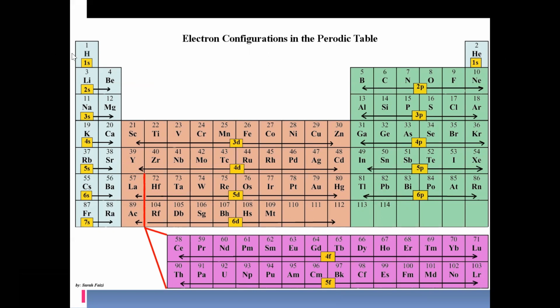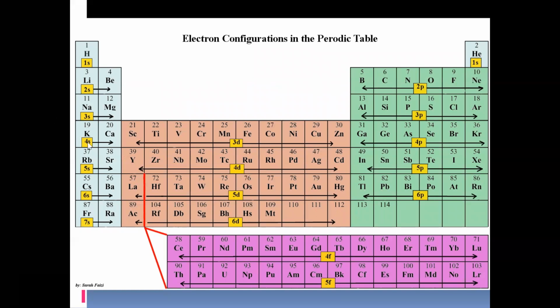So period 1, this first top row right here, only contains the S energy level, the 1s specific orbital, okay? But row 2 here has the 2s, but also the 2p. Row 3 has 3s and 3p.